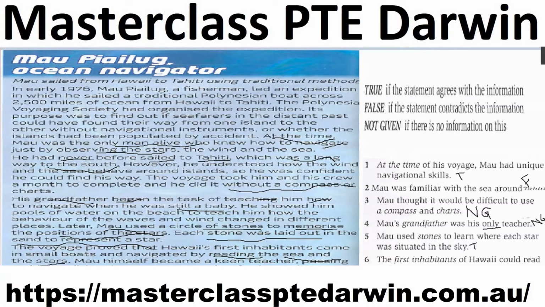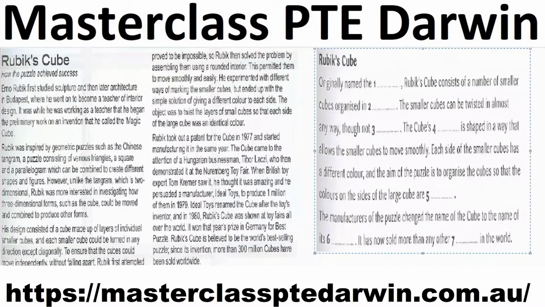They can navigate in the sea by observing the stars. So that's not entirely true. This is not given. We don't know their skills; they can navigate the sea, but we have no idea whether they can read and write. So that's not given.